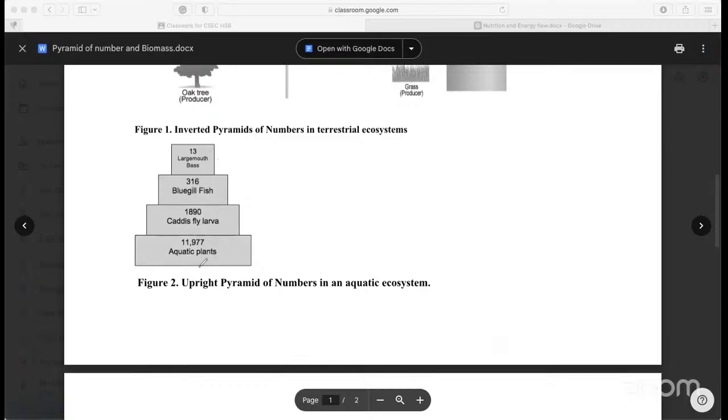All right, and it's because the aquatic plants are a lot, in order to feed the organisms that are feeding on them. So that's a good point to note as well. Pyramids of numbers in aquatic systems can be upright because the producer is always in large amounts, though small, it's still a large amount and it's numbers we're dealing with.